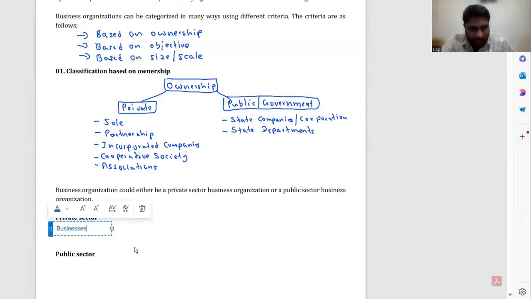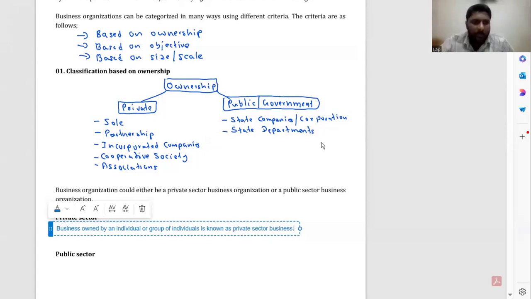Businesses owned by an individual or group of individuals is known as private sector business.